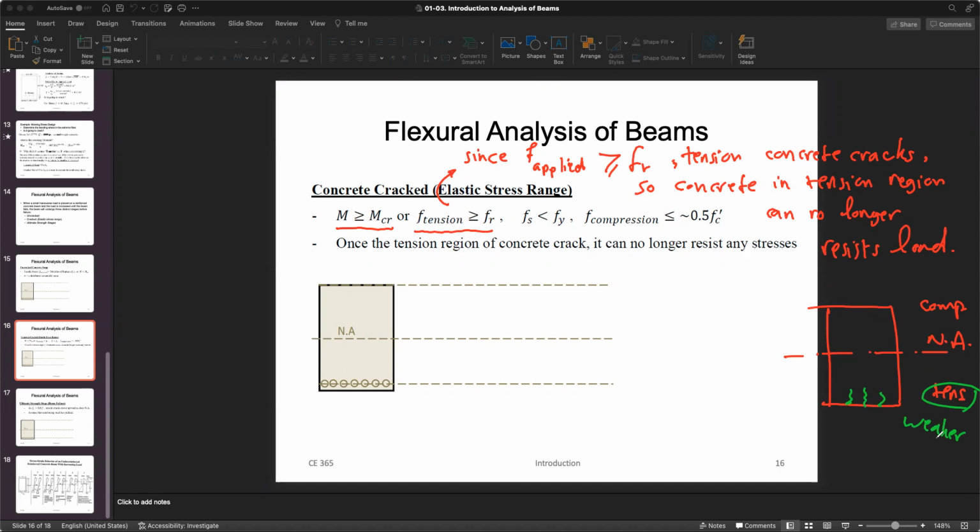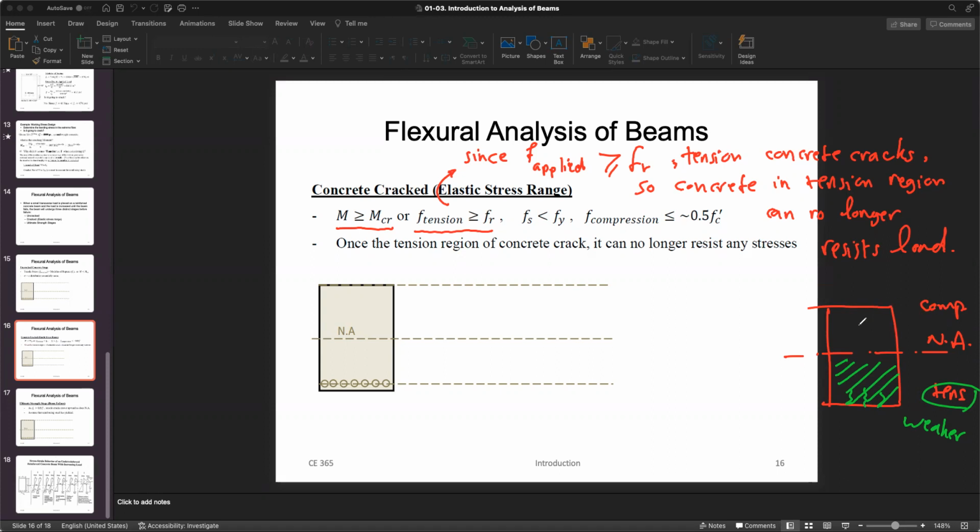So as soon as it starts to crack, this portion of concrete that is under tension wouldn't work anymore, because it is cracked, it is gone. So only the compression side of concrete will work. That's what we are talking about.